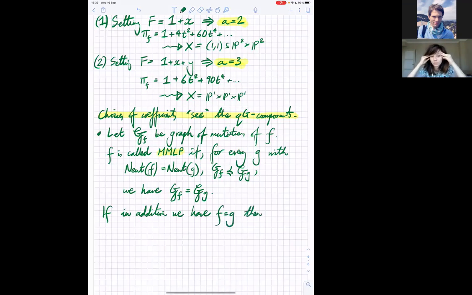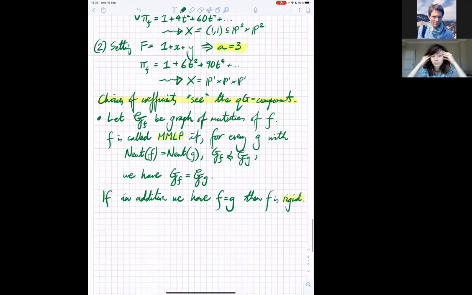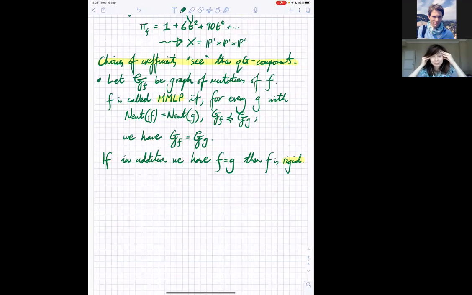Then F is rigid. So there's different ways of saying the same thing, okay, and not really settled yet on the right way of saying this, but this is one way of describing the objects that we're interested in.